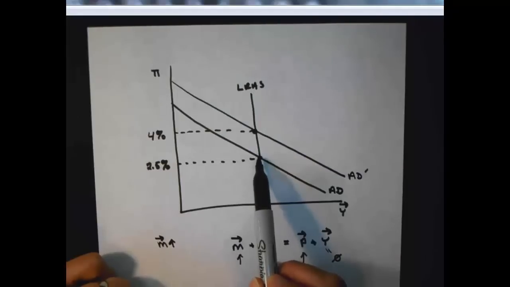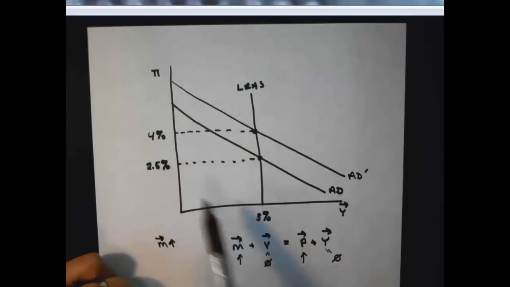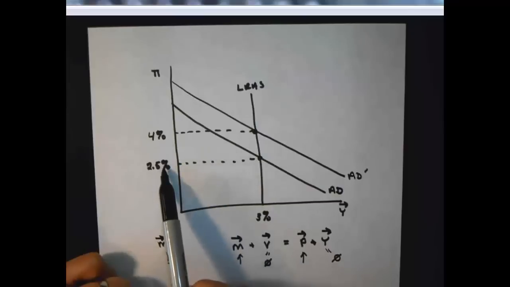But let's just look at, in this case, disinflation. So we have the disinflation and absolutely no effect on the economy's potential growth rate. So the economy is continuing to grow. I want you to realize that. It's just that it continues to chug along at 3%. But now, because of the monetary growth contraction, there is a lower inflation rate.